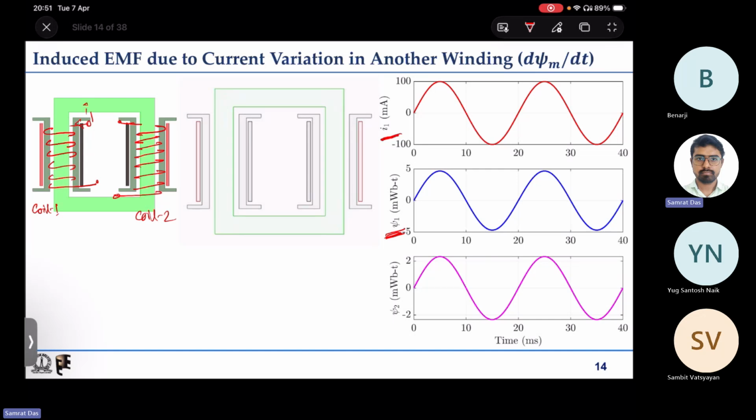Now all the flux lines we have just seen go through the magnetic core, and the other coil is also wound on the same magnetic core.